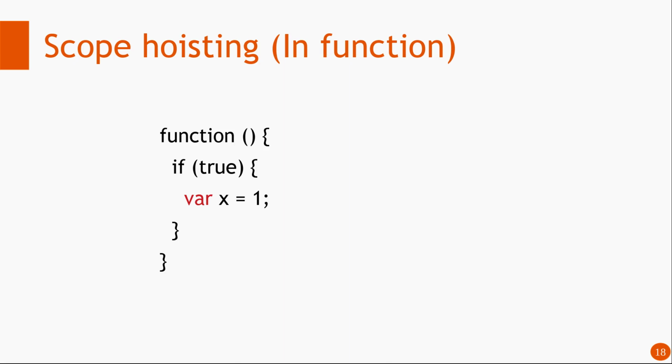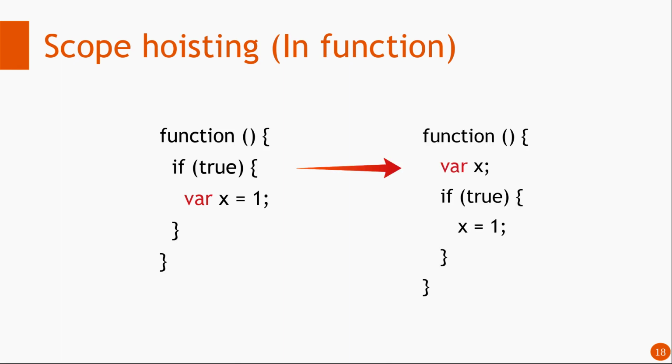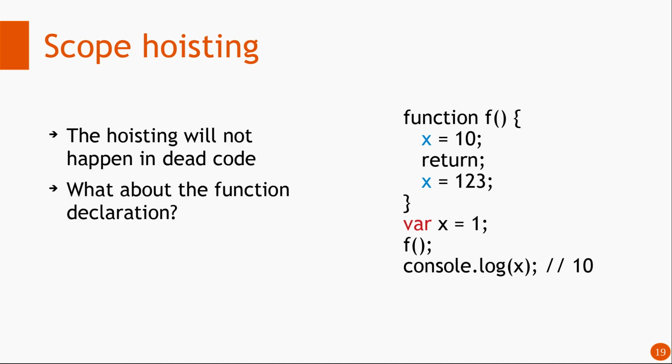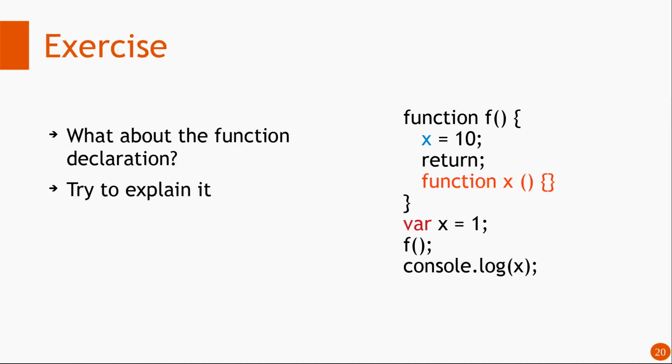And if you are declaring a variable in a function, it will be hoisted to the current function environment. The hoisting will not happen in dead code. Obviously, the assignment statement after a return statement is removed in the optimizing stage. Here is an interesting example. Please think about it.